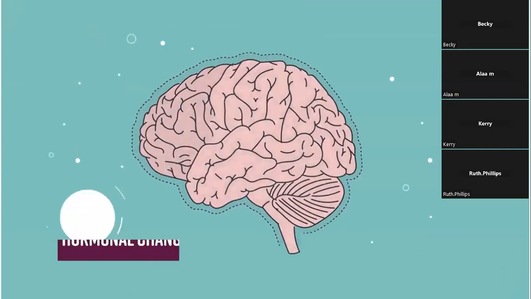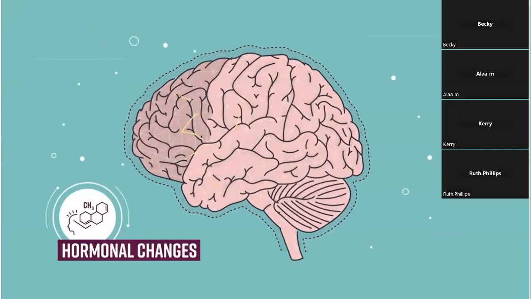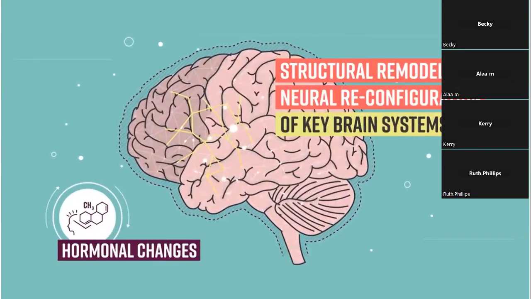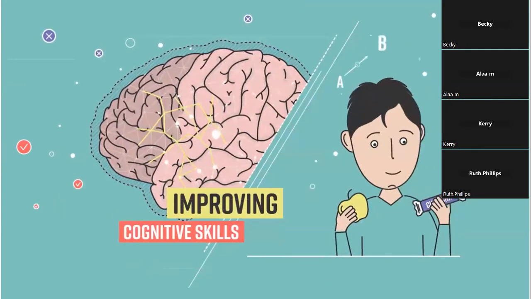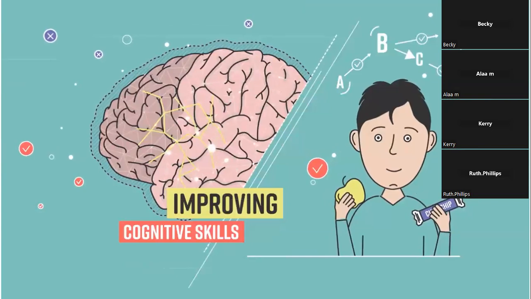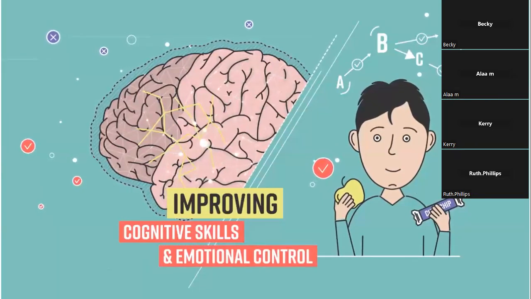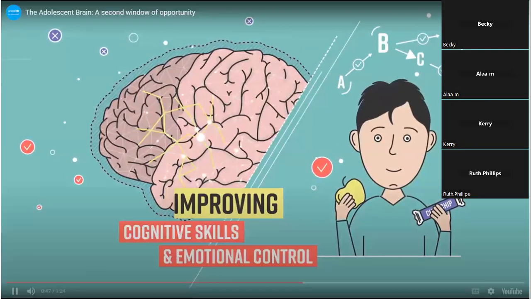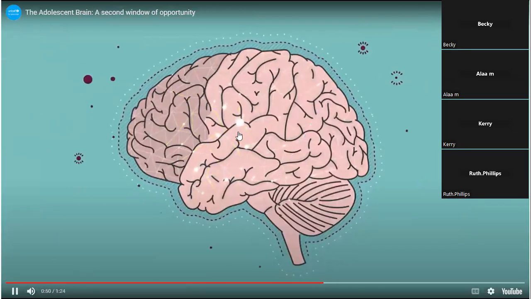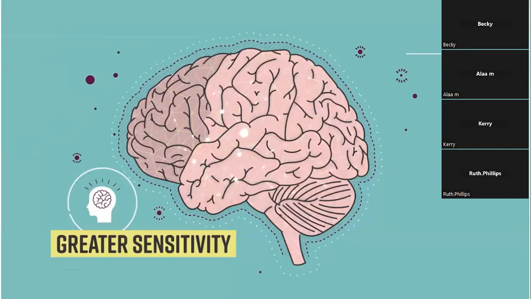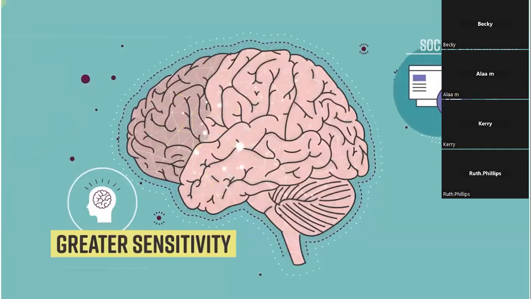Puberty initiates intense hormonal changes when the brain is forming better and faster connections between systems, improving the ability to make decisions, solve problems, understand consequences, and to gain more control over emotions and behavior. At the same time, the adolescent brain goes through a period of greater sensitivity to social evaluation and emotional reactions.